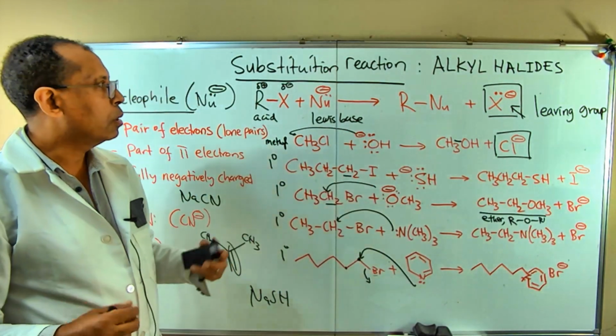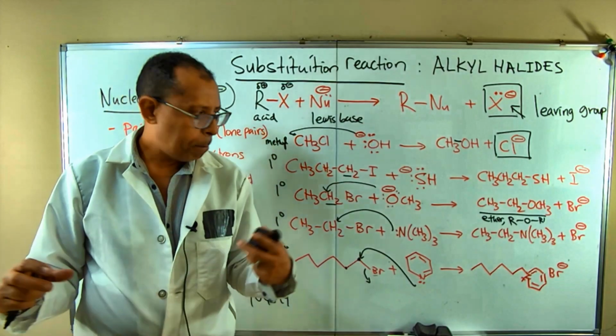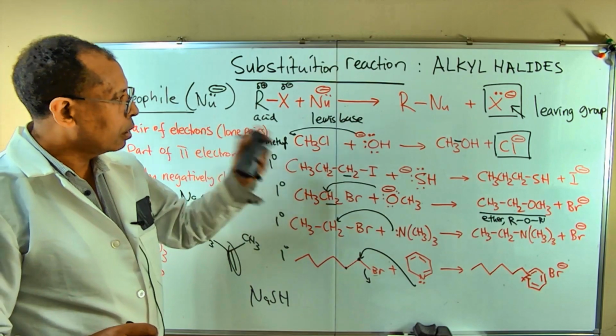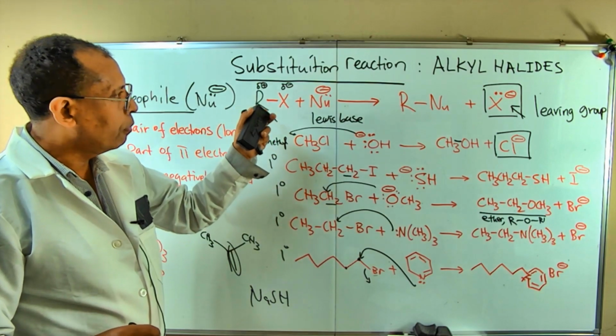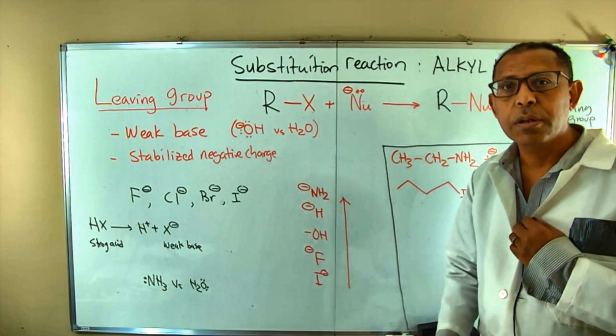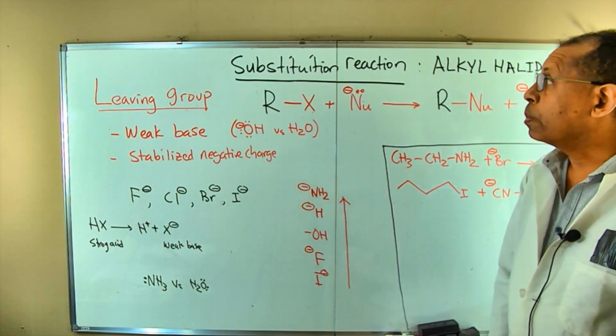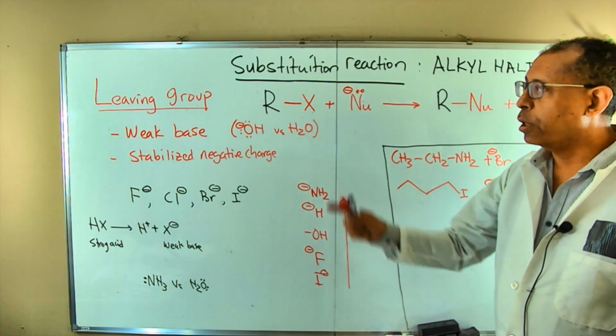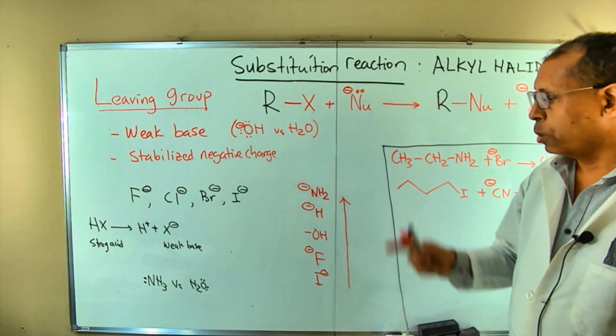So we'll continue with the kind of leaving groups that are good for substitution. Having just finished talking about nucleophiles, now we'll move on to talking about leaving groups in substitution reactions.